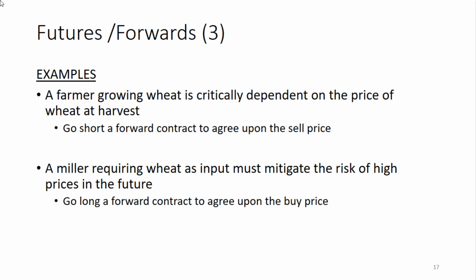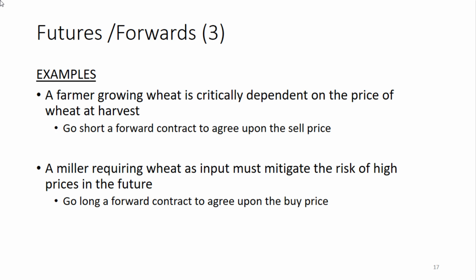So it says, let's focus on that part of the business where my competitive strengths are, growing the wheat, and let's mitigate the risk where I am not a specialist. So you would like to hedge the risk of these future prices, and one way to do that is by entering into a forward contract, selling the forward contract.